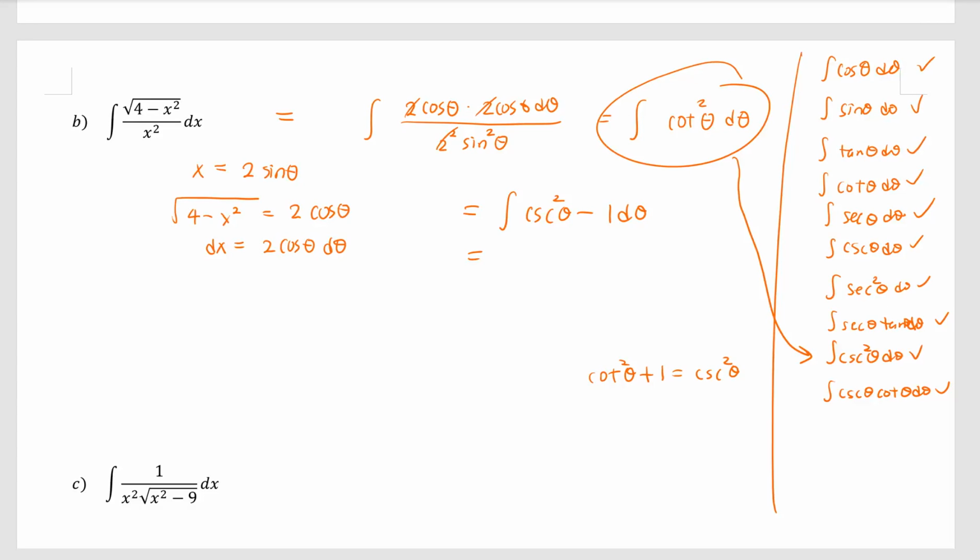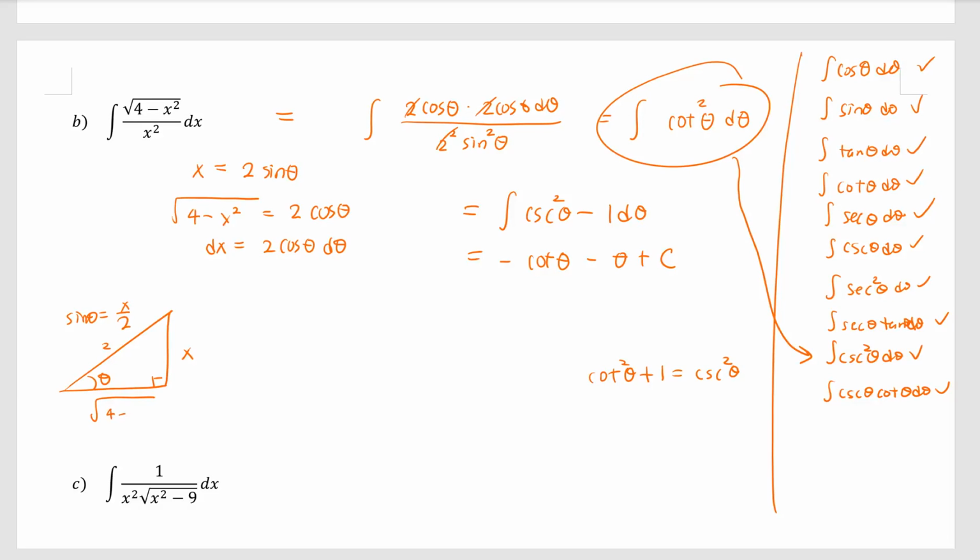cosecant squared is what? Negative cotangent, right? The derivative of cotangent is minus cosecant squared. The integral of 1 is theta. Finally, we draw the triangle, and in our setup, sine theta is x over 2. See? Opposite x, hypotenuse 2.